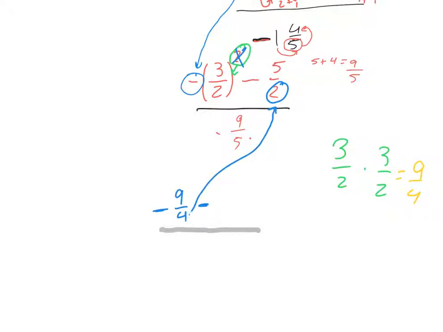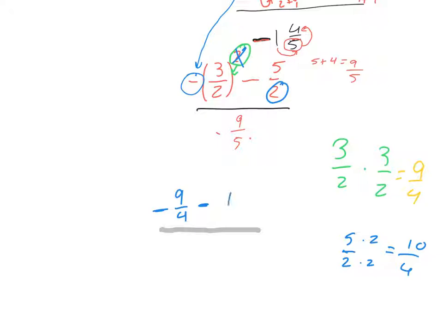We are actually going to make them the same so they are easier to add. So we're gonna do 5 over 2 multiplied by 2, and that would get us 10 over 4.